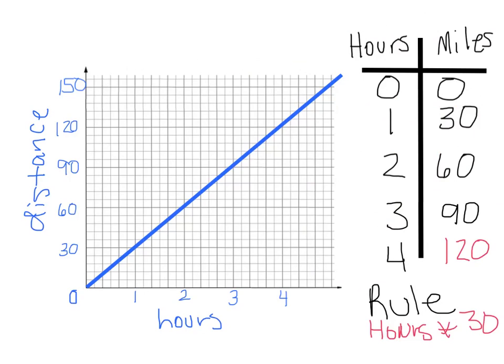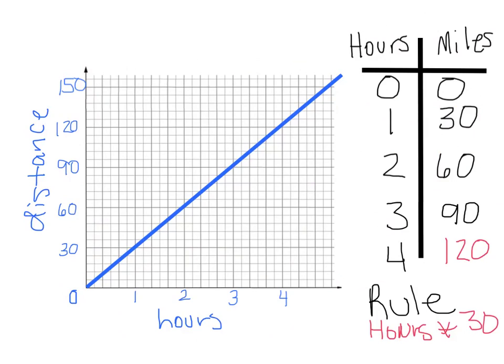The third way that we can represent this data is by using a graph. We always want to have the time on the bottom, and distance for this example is going to be going up. So you can see I've labeled the graph, and the way that we read this is by going over to a certain time and then going up and across to see how far the car has traveled.